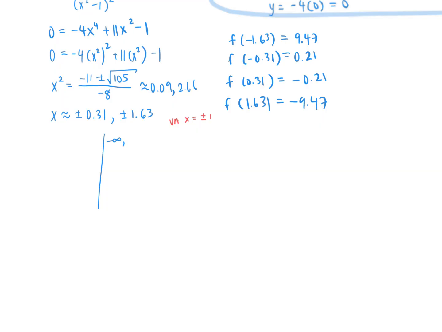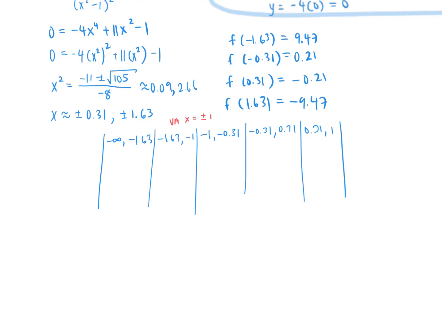So we're going to go from negative infinity to negative 1.63, negative 1.63 to negative 1, negative 1 to negative 0.31, negative 0.31 to positive 0.31, 0.31 to 1, 1 to 1.63, and 1.63 to infinity.